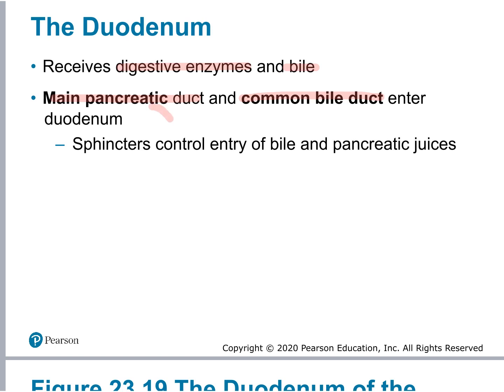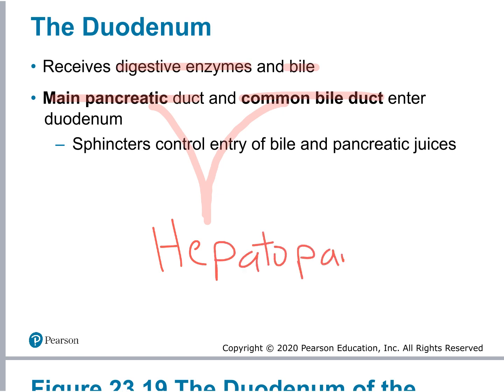The main pancreatic duct and the common bile duct come together, and they're going to enter at a valve or sphincter located at the duodenum called the hepatopancreatic sphincter. I'm going to write that down. Hepato, which means liver, pancreatic, valve or sphincter.